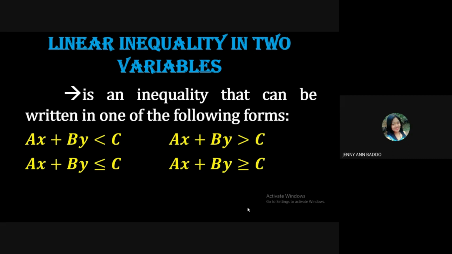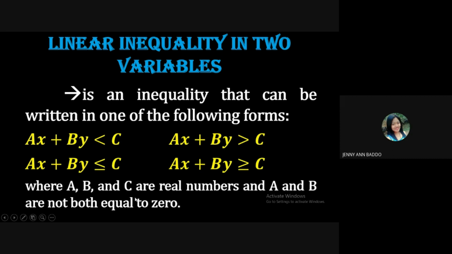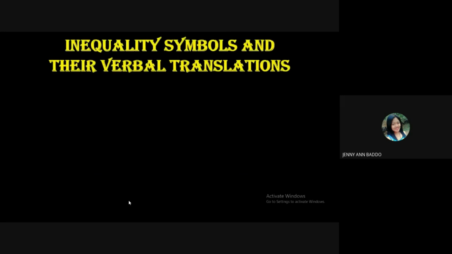So instead of the equal sign, we now have inequality symbols, where a, b, and c are real numbers. A and b are not both equal to 0. So one of either a or b can be 0, but not both.